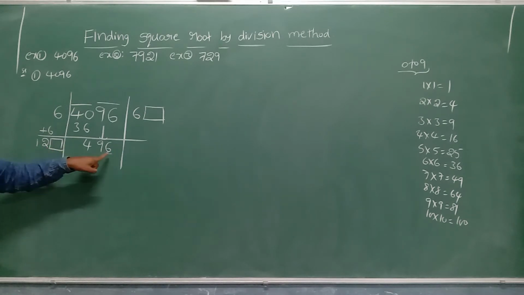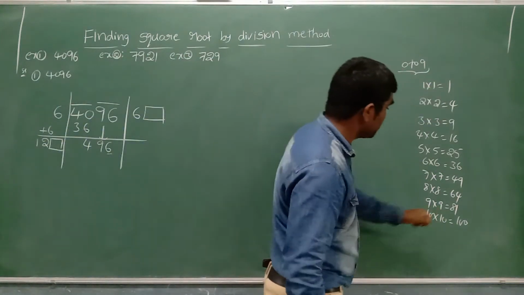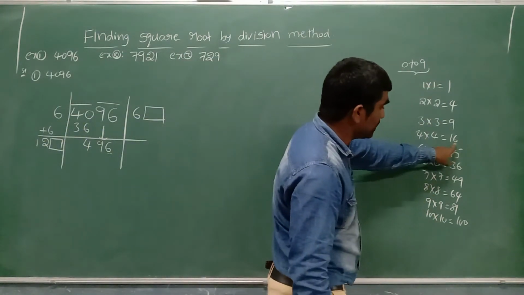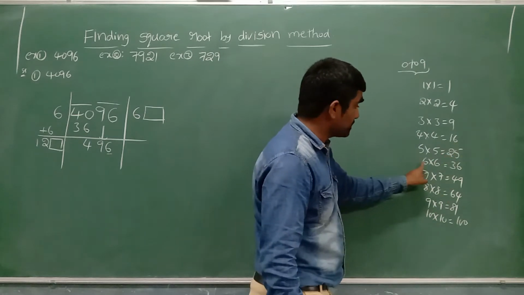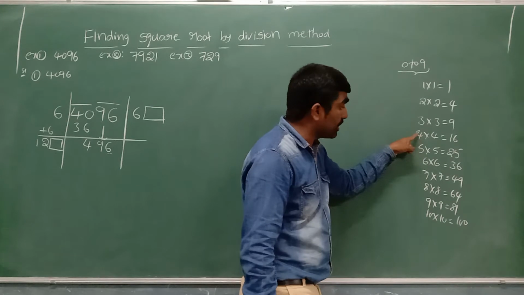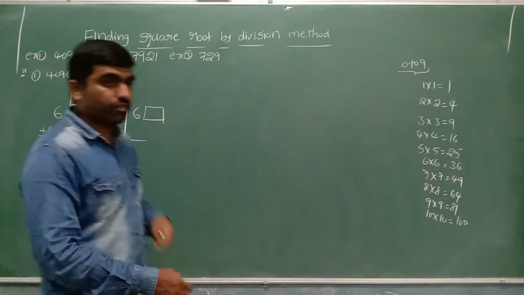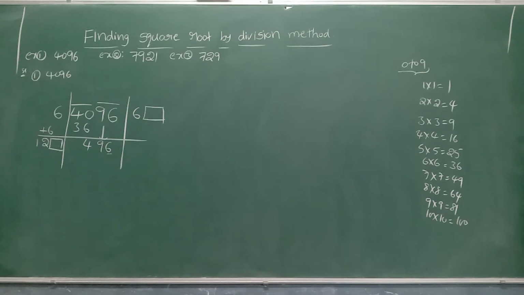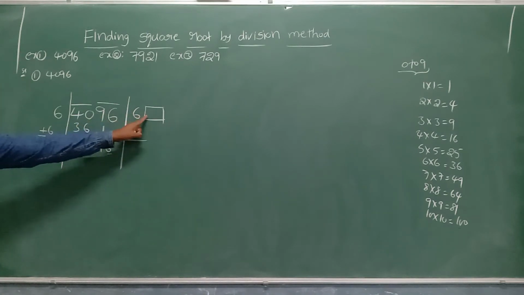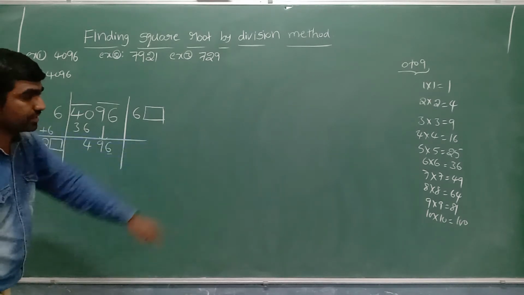When we get 6 at the last place, yes, 4 4s are 16, and 6 into 6 is 36. The only possibilities are 4 and 6, which have 6 at the ones place when multiplied by themselves. So here we can write 4 4, so that the ones place is 6 in 16, or else we can write 6 6.